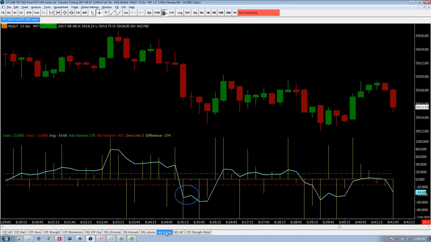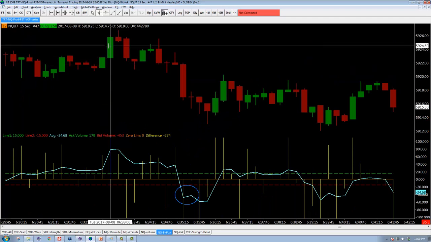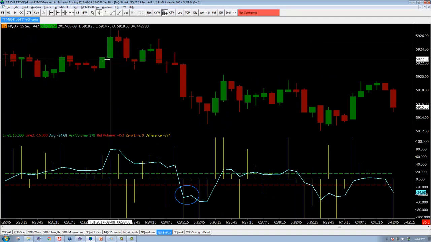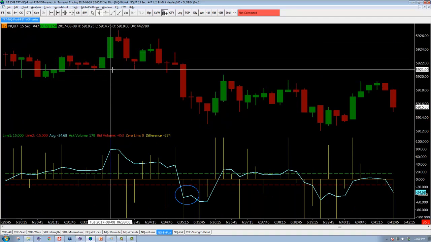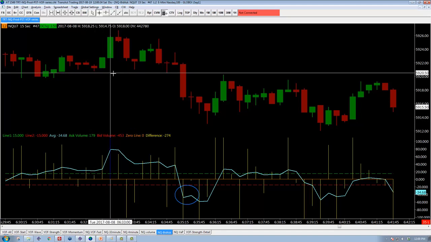We're looking at the difference between the buying and selling on a very fast time-based chart, a 15-second chart: the trades that went off at the ask minus the trades that went off at the bid. That gives you a number. If that number is positive, it means there were more aggressive buyers than sellers. If it was negative, there were more aggressive sellers.